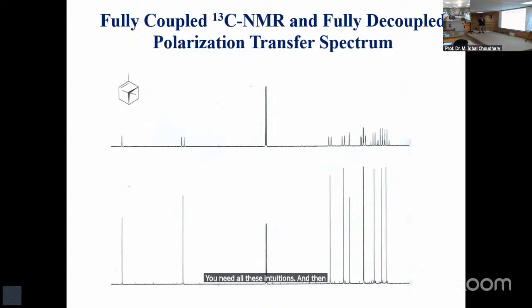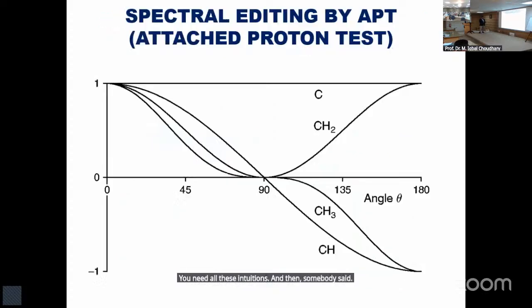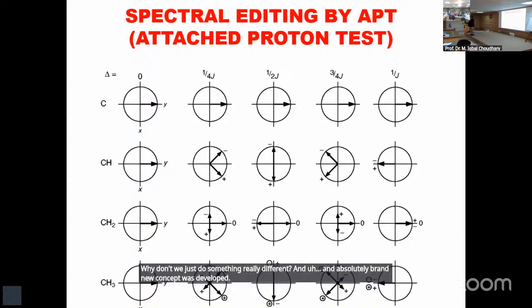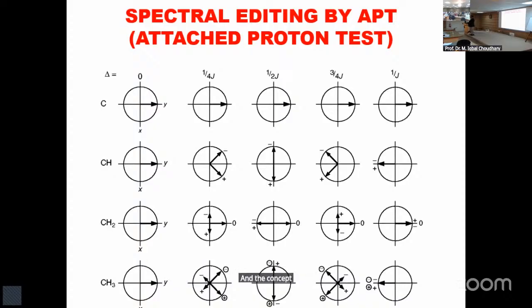And then somebody said, why don't we do something really different? An absolutely brand new concept was developed, and it was a very simple one. CH3 will split into a quartet, CH2 into a triplet, CH into a doublet.